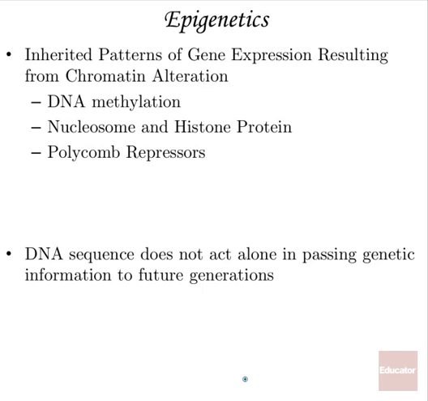So, it's not an alteration of the DNA sequence that is heritable. So, it's not a change in the base sequence, A's, T's, G's, and C's, okay? But it is heritable.